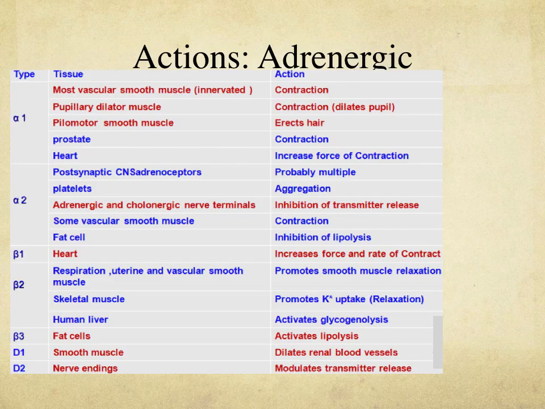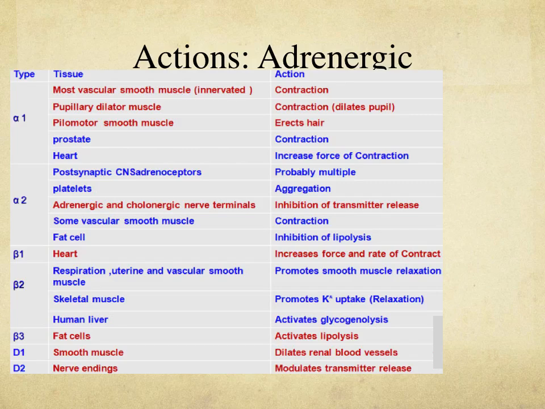It's going to inhibit lipolysis to a certain degree, because the problem is that while alpha-2s are going to inhibit, we have another type of adrenergic receptor, beta-3 receptors, which actually activates lipolysis. And one of the things that the sympathetic nervous system is going to do is provide a whole bunch of fuel sources coming into the system.